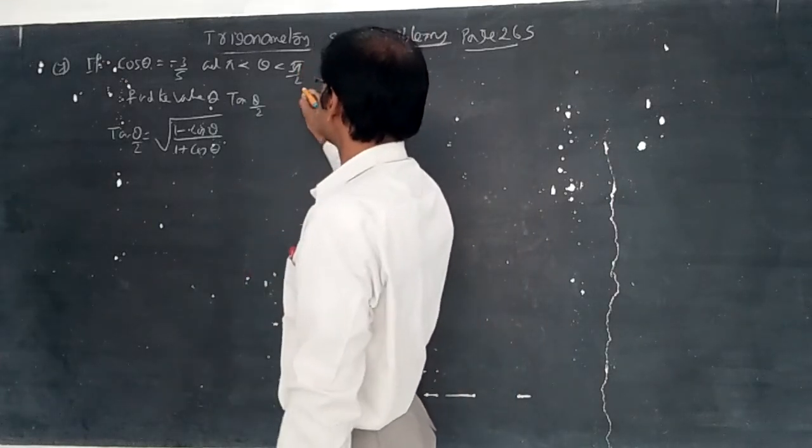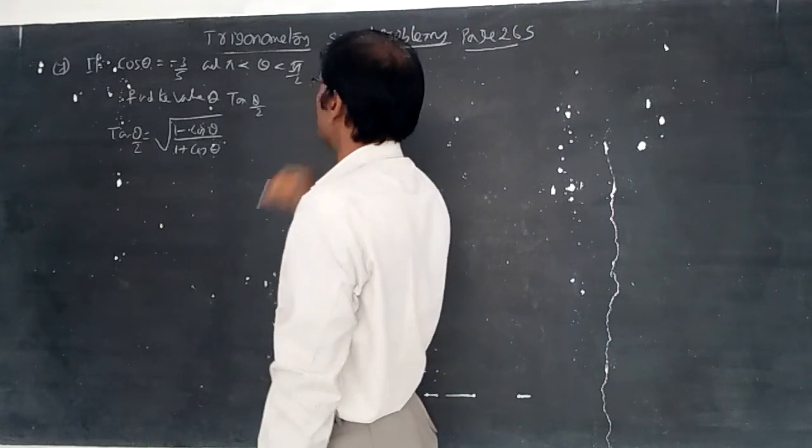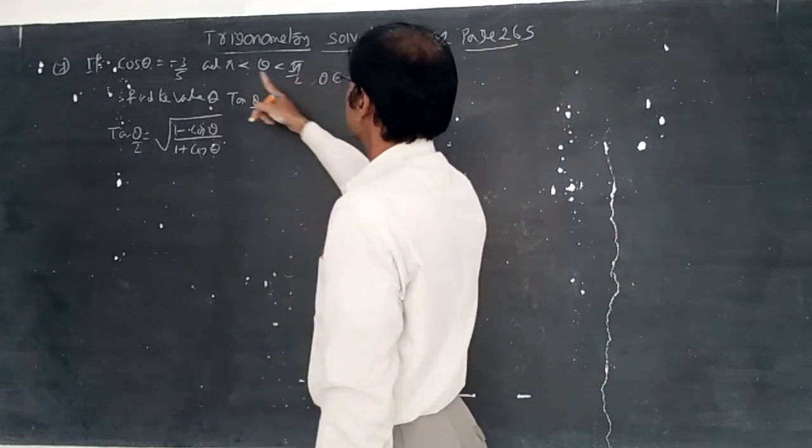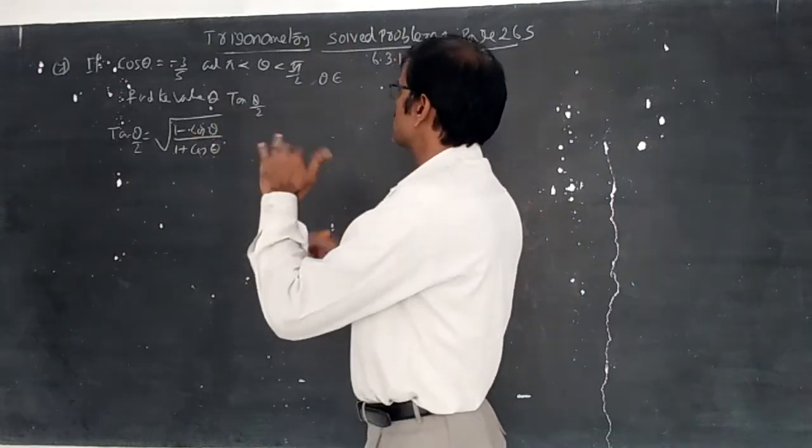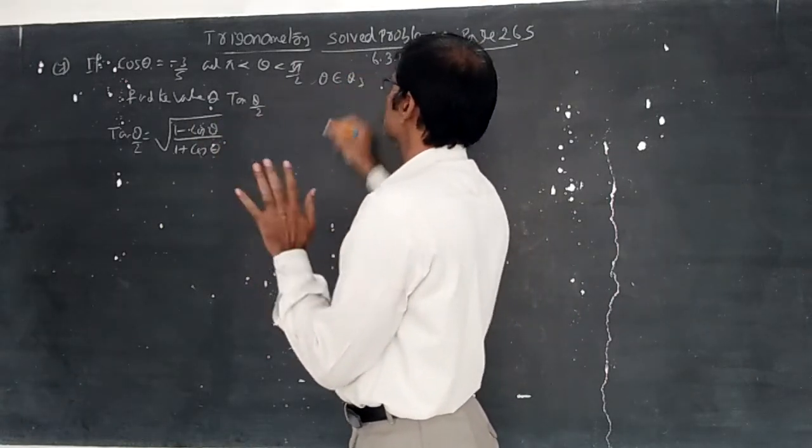So cos theta is equal to minus 3 by 5 is given. And theta belongs to pi less than theta less than 3 pi by 2. So 180 to 270, it becomes Q3.